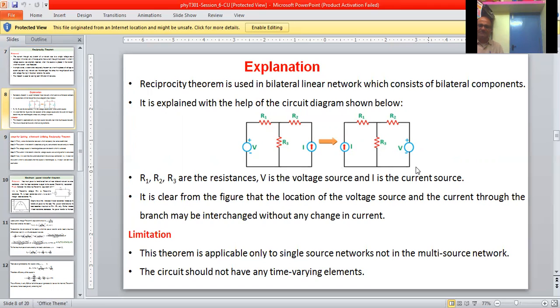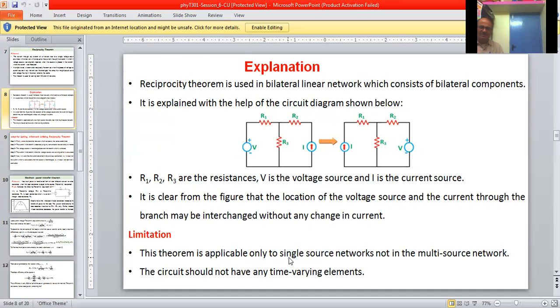That kind of source is called the current source. So it is clear from the figure that the location of the voltage source and the current through the branches may be interchanged without any change in the current. So we have interchanged the position of the voltage source and the current measuring device. So this is the meaning of the reciprocity theorem.